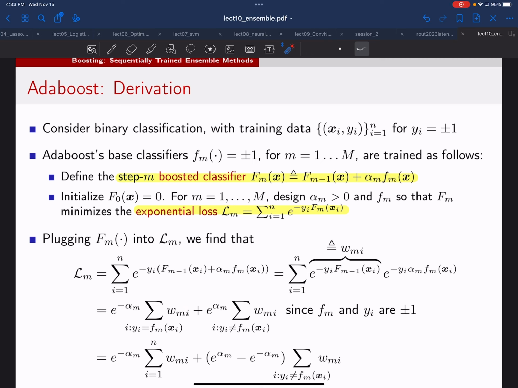On the other hand, if you had made an error, then y_i times f_m(x_i) is going to be -1 in both cases. And so that negative will cancel this negative, and you'll have e to the alpha_m, which again comes out in front of the sum. So hopefully, does everybody agree with me on this step? Okay.